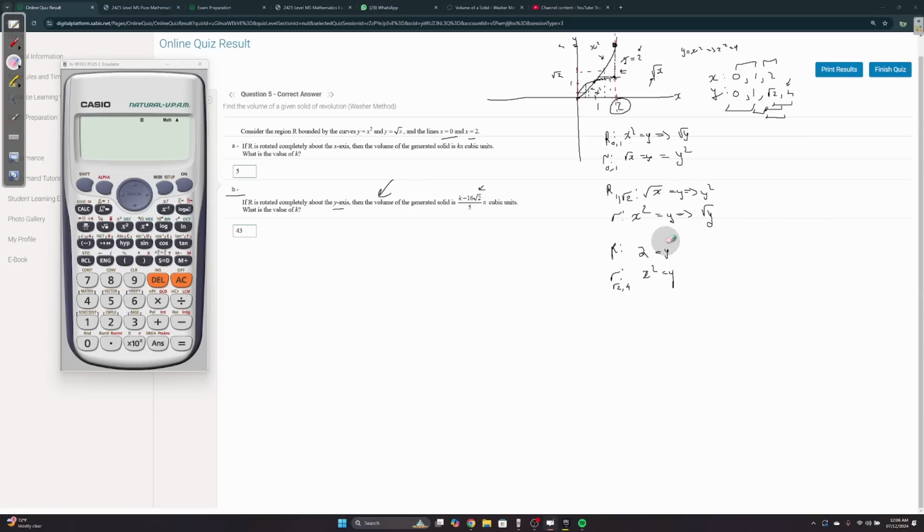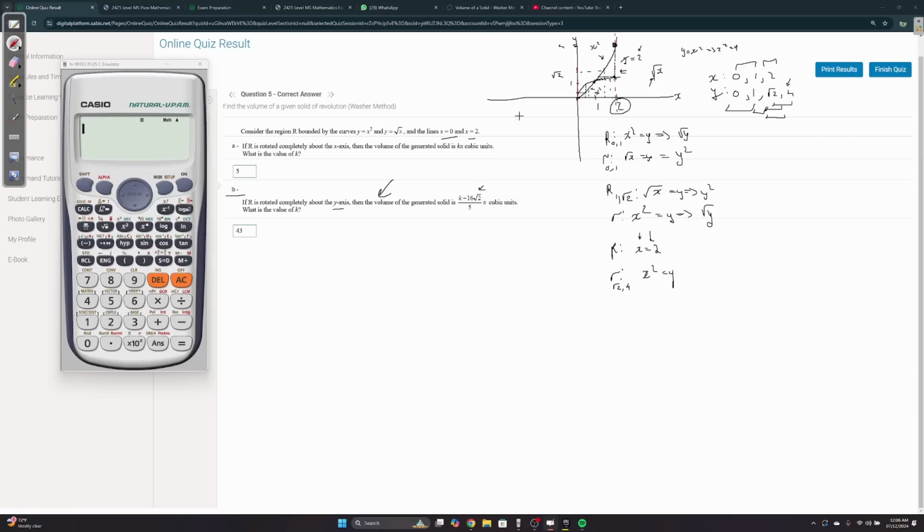Here, the line was x equals 2. If you want to write this in terms of y, you just write 2. That's it. X is equal to 2. It's already in terms of y. X is already alone.